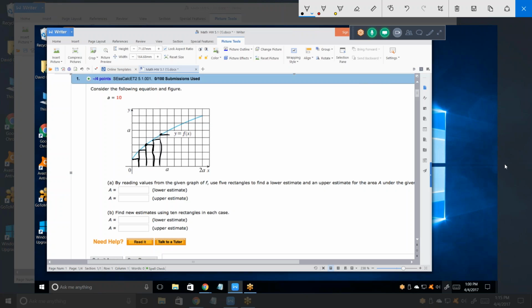Now, what they're going to illustrate here is the fact that if you use more rectangles, you get a more accurate answer.